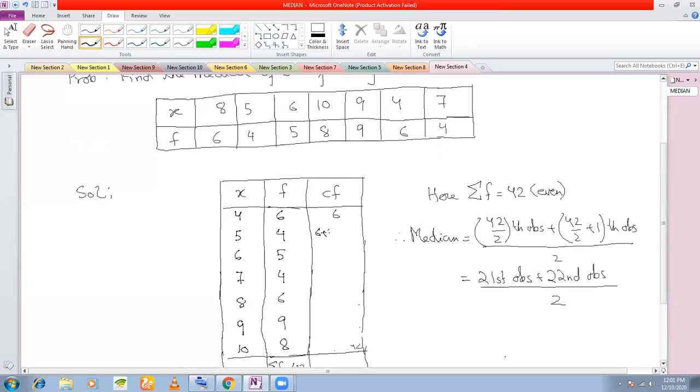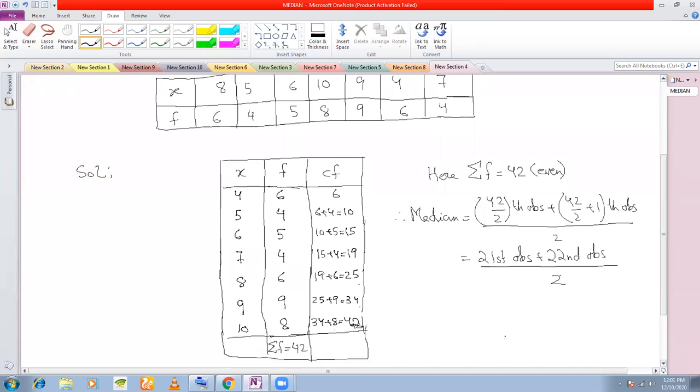6, 6 plus 4 equal to 10, 15, 19, 25, 34, 34 plus 8 equal to 42. Okay, so your summation f is 42, and therefore the median is 21st observation and 22nd observation.